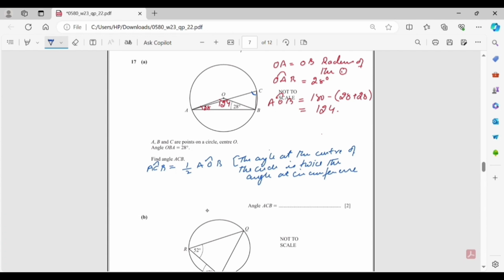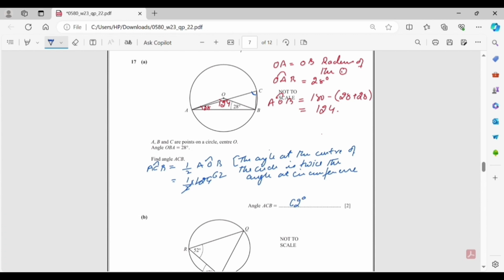So this will be equal to 1 by 2 times 124. We will cut, this will be 62. So our answer is 62 degrees.